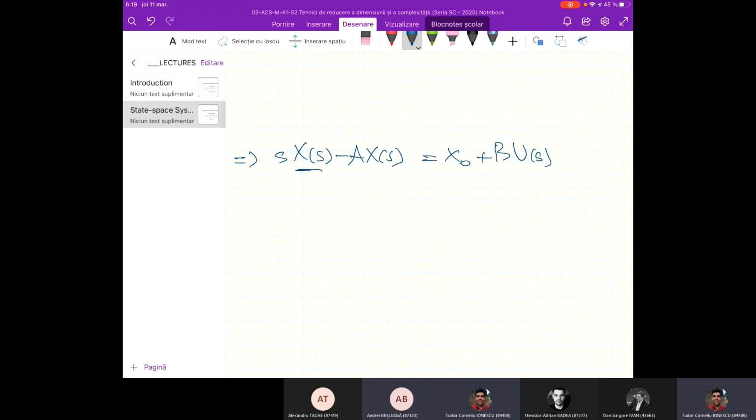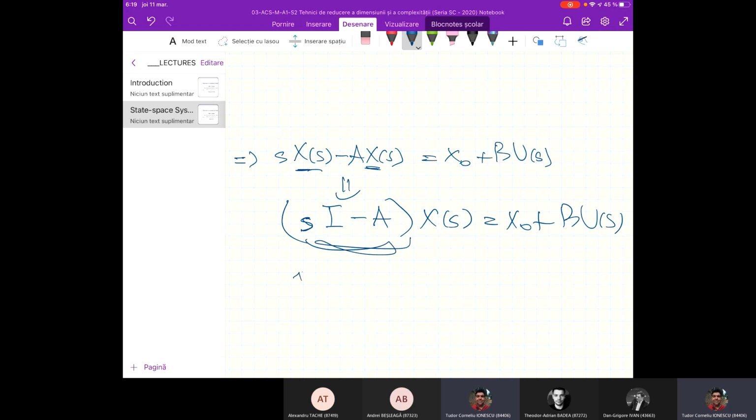So X of s is now a common factor to the right. Then you get sI. You need the identity here because s is a scalar and X is a matrix. Minus A times X of s is x naught plus B u of s.